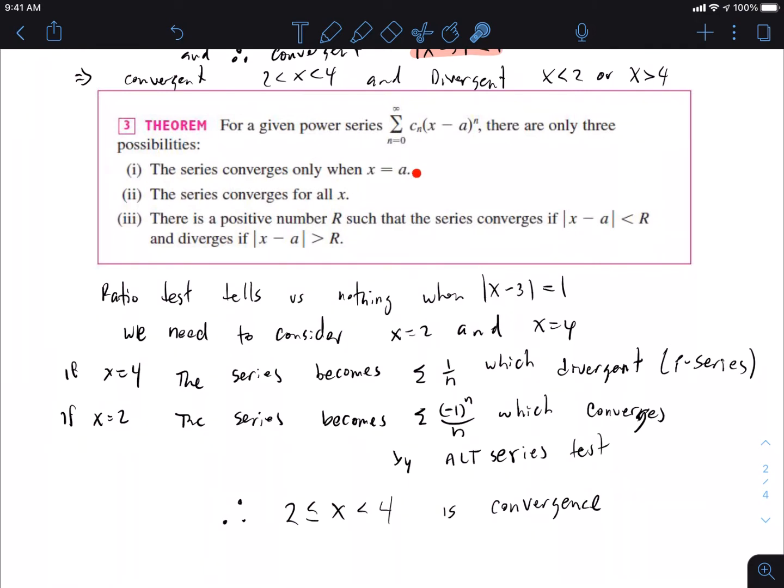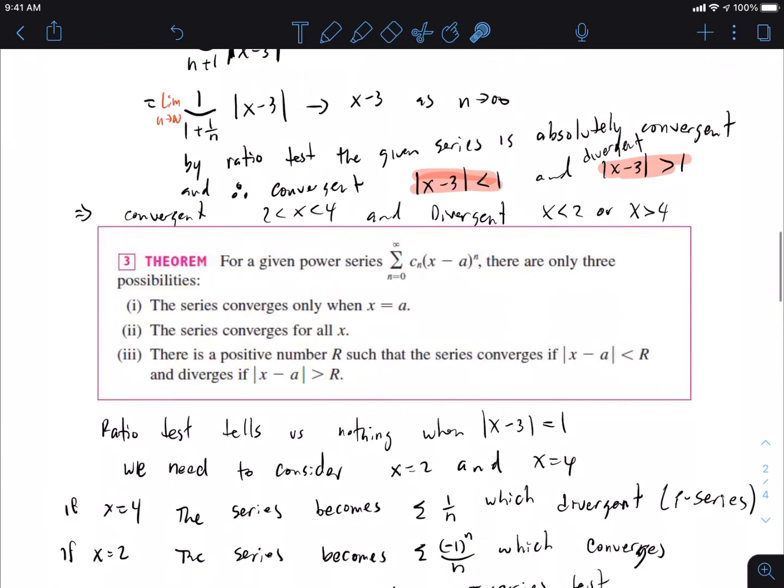It converges only at a. That was that case that we did with the x equals 0. The series converges for all of the x's, or we fall into this situation where it's convergent for less than but divergent for greater than. That was what ended up happening here in this theorem, and I wanted to lead to that by showing this here.